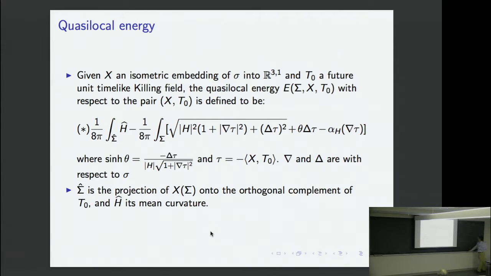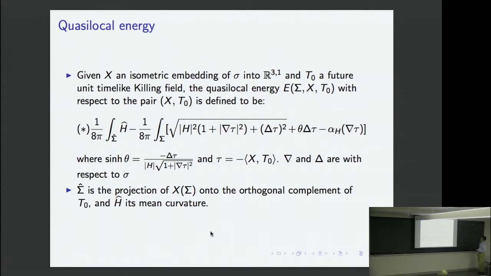And I have a T0 here, which is just a Killing field, a translating Killing field, future timelike. Now this is the isometric embedding, and this is T0 here. I'm going to define energy with respect to this pair, an isometric embedding and a future timelike Killing vector field.